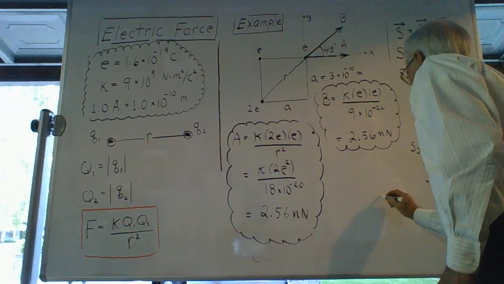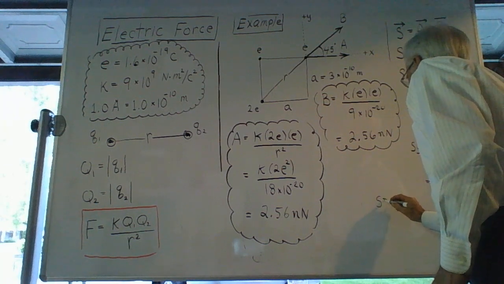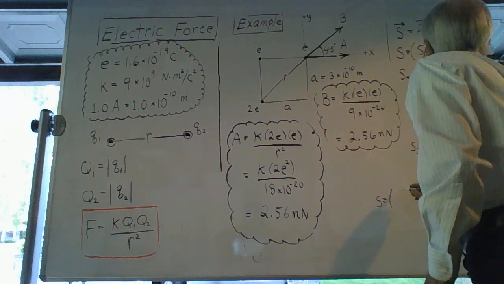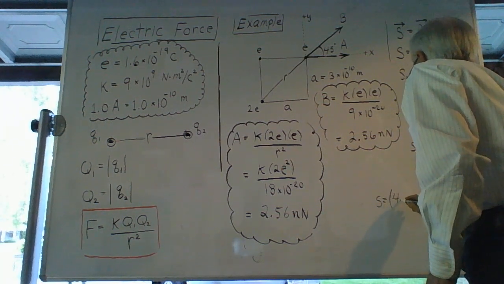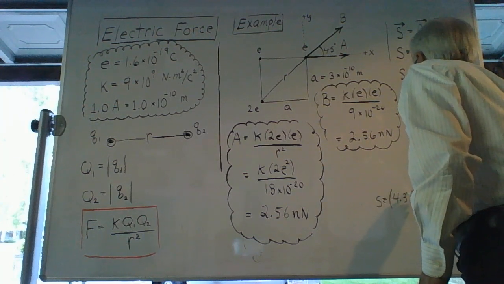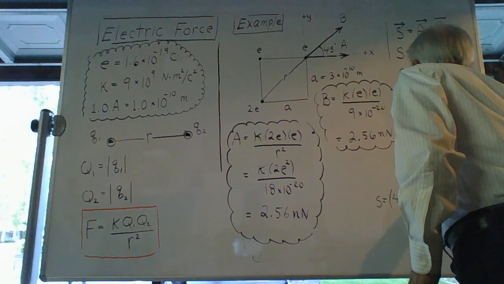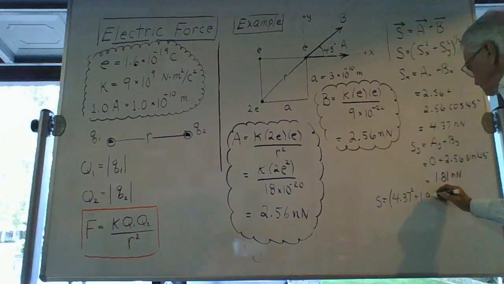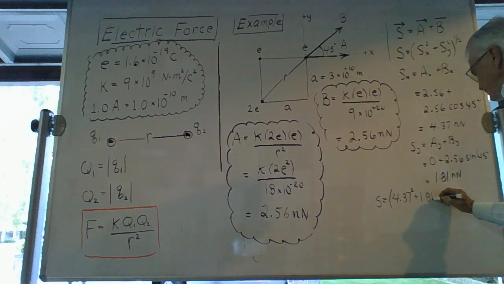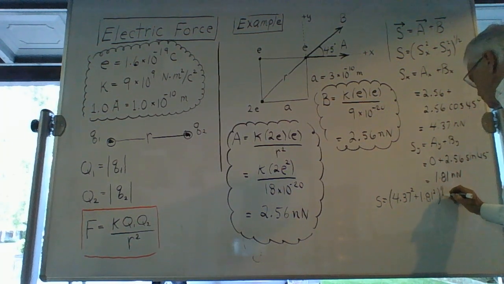Final result for S, it's the square root of 4.37 squared plus 1.81 squared, square root of that sum.